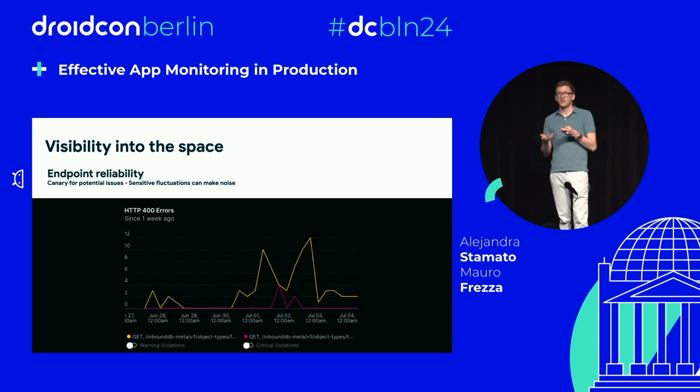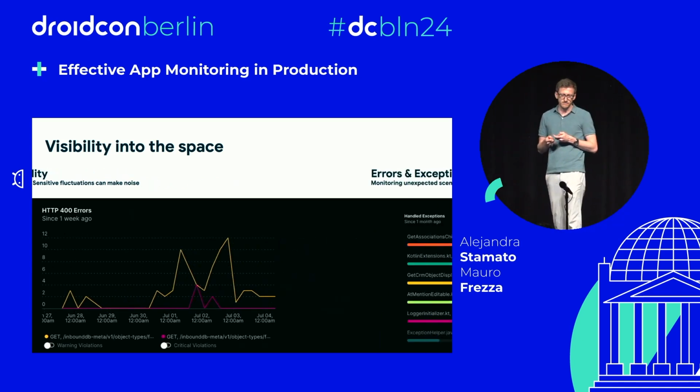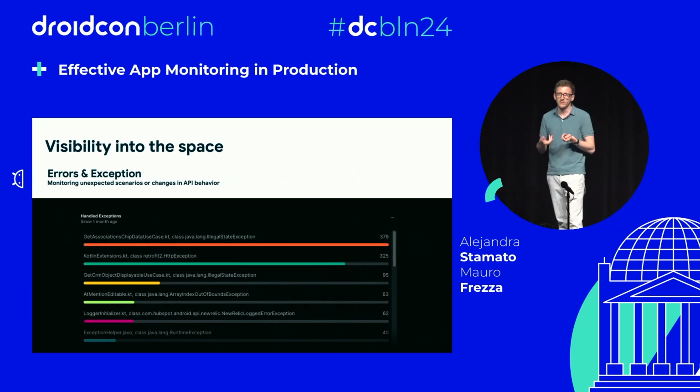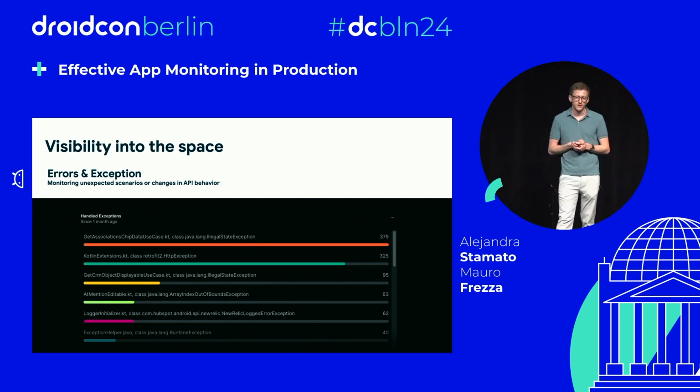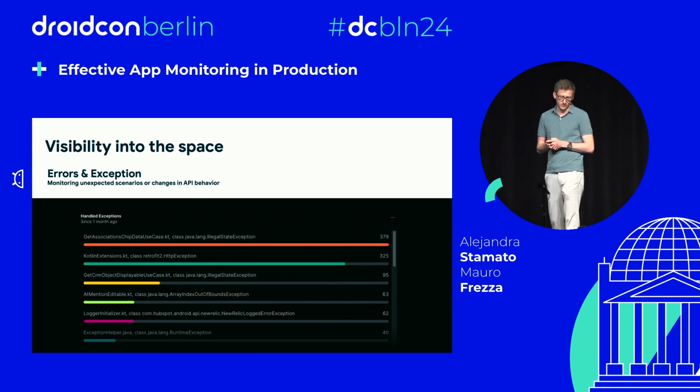You need to watch out because these can be extremely noisy, and you should use them as a canary to see if something might be wrong or could probably escalate. And then we also monitor errors and exceptions, and that is useful just to see in case something gets missed, or you're logging exceptions that I don't think are relevant, or any kind of error that you catch but didn't really handle. So it's extremely useful to have a view into that.